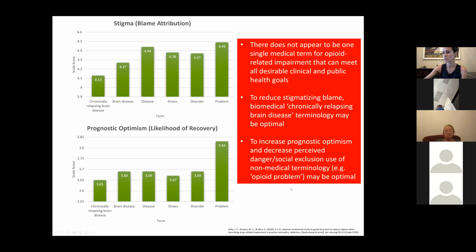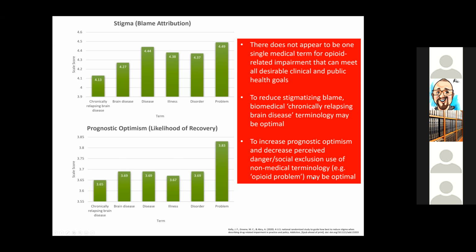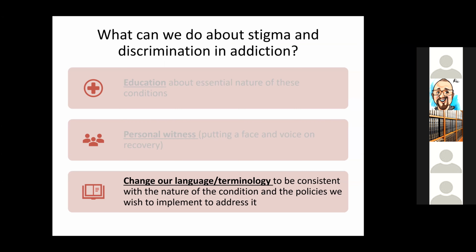On the other side, though, when we're talking about reintegration into society, we might want to drop the medical terminology and talk about it as an opioid problem or a substance use problem to help increase inclusiveness in society, downgrade perceived dangerousness, and increase the likelihood that people can, and of course we do know they do, get well.